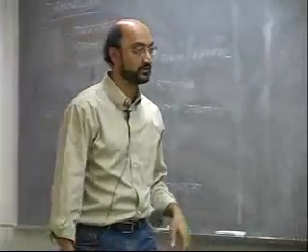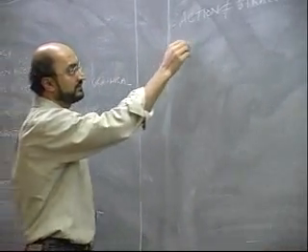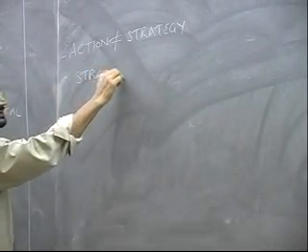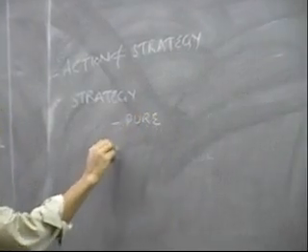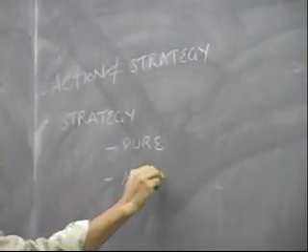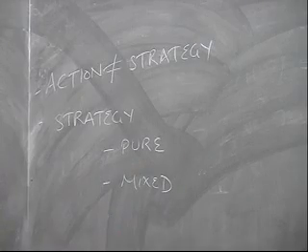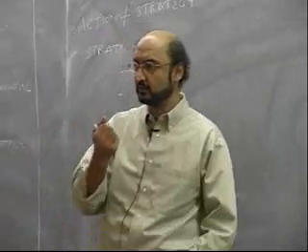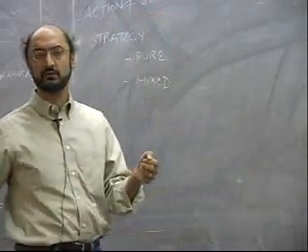The strategies come in 2 types. One is called a pure strategy, and one is called a mixed strategy. We briefly looked at this last time. A pure strategy says go do this, and if the response is this, then do that. It's a complete encoding of what you're going to do.